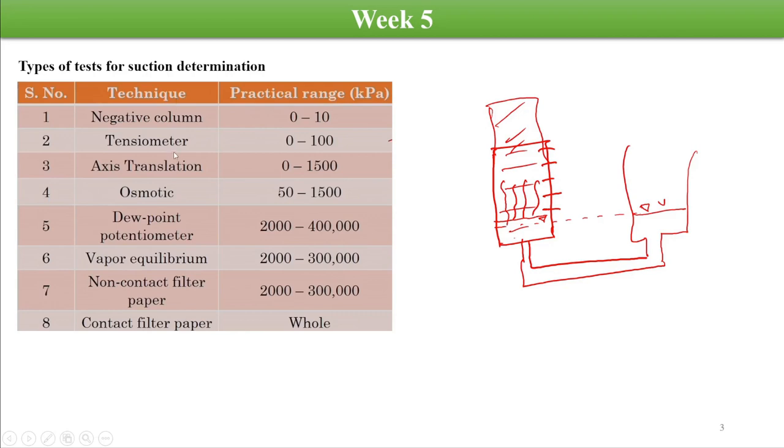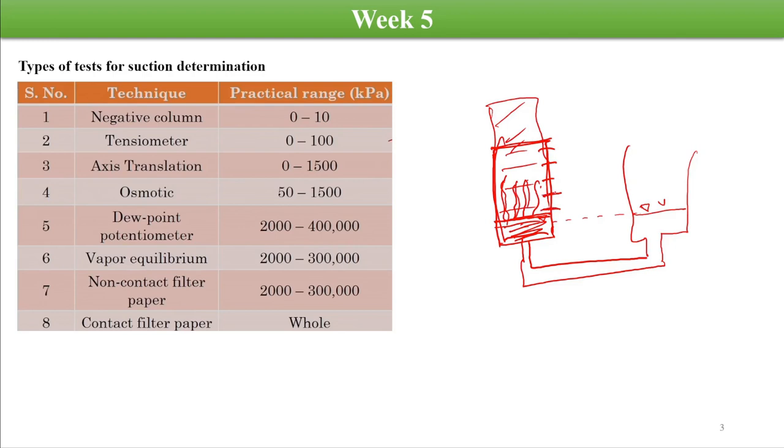While we were discussing what tests are available to measure suction in the soil, the first one is the negative column test. In the negative column test, we usually have a soil column connected to a reservoir, and the water level in the reservoir can be varied. At the level of the reservoir, the soil below it is saturated, and above it there are capillary fringes in the soil, because of which the soil gets moisture.